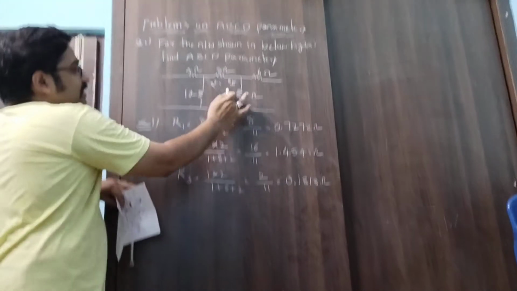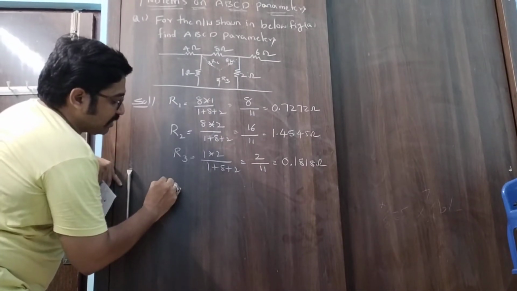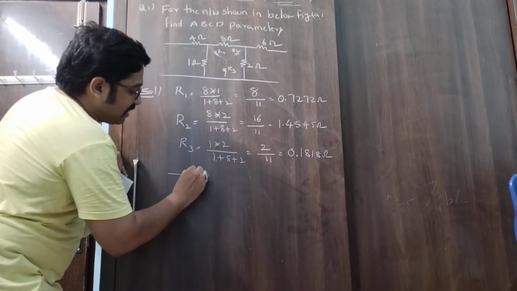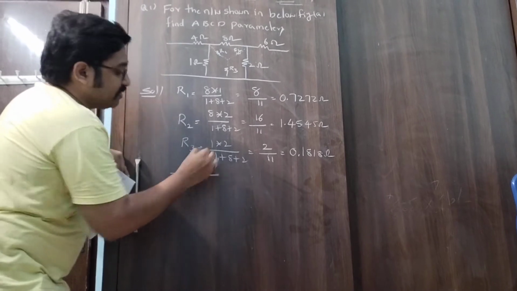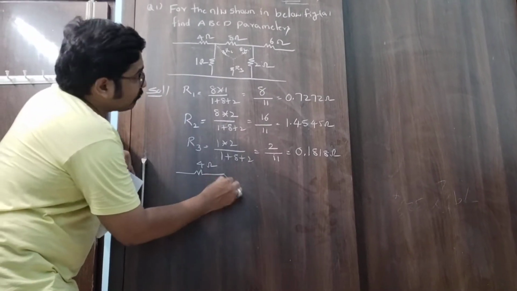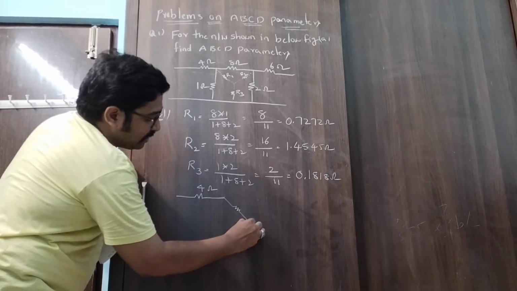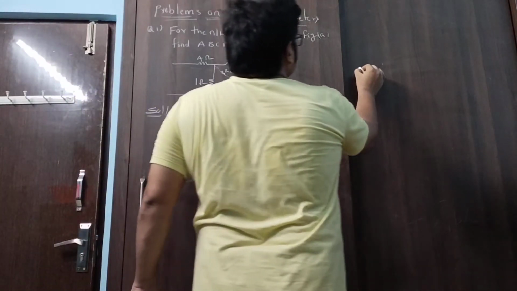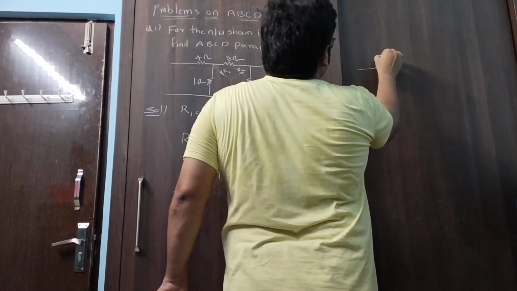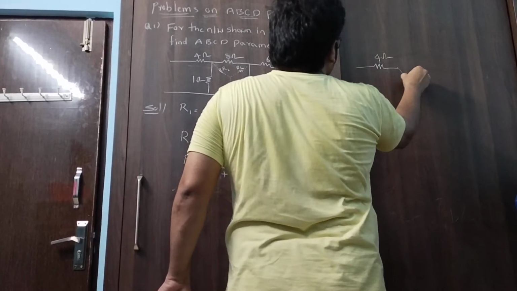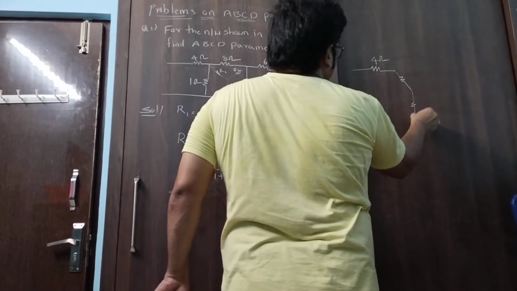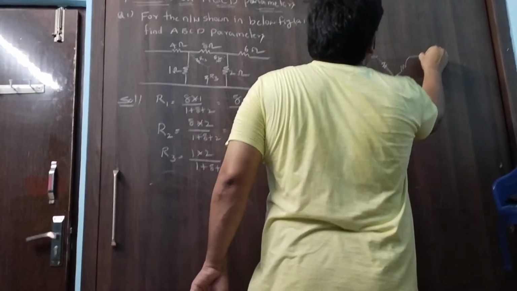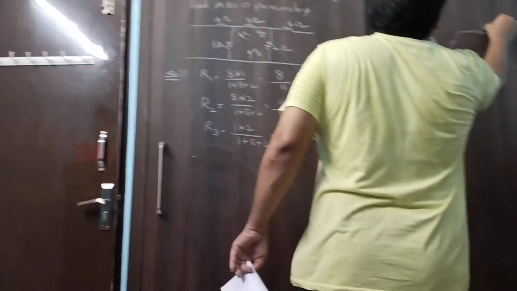Now what we need to do? You need to replace this delta network with the star network. So how are you going to get the figure? On the left hand side we have 4 ohm, then the branch R1. Again I will draw here the 4 ohm resistance, then the star connected resistances R1, R2, R3, and on the right hand side 6 ohms.